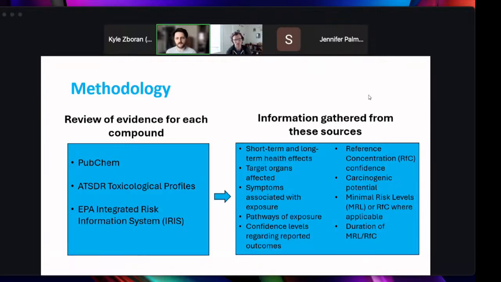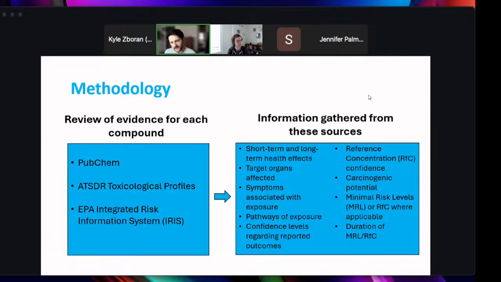Each of these has information that another one doesn't. But the tool that we've created brings that all together so that you don't have to read through an entire toxicological profile just to get the symptoms, and then later compare it to a minimal risk level that you find in the IRIS system. It's all just there in one convenient window.